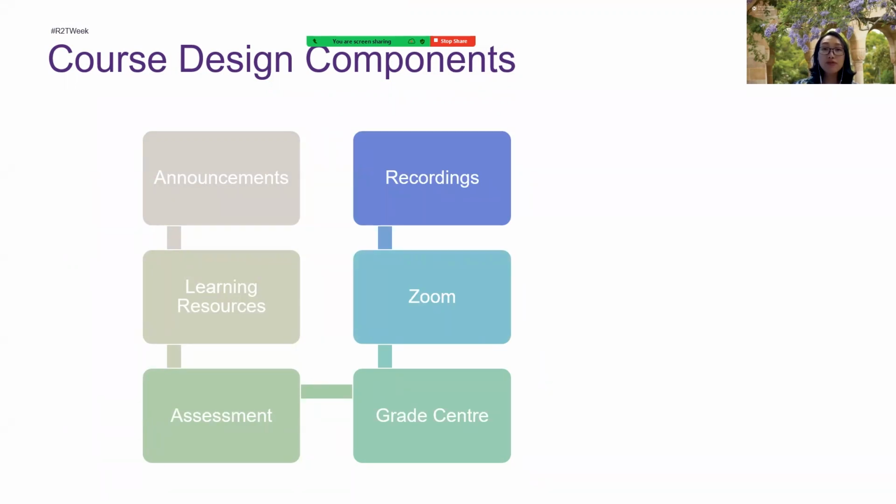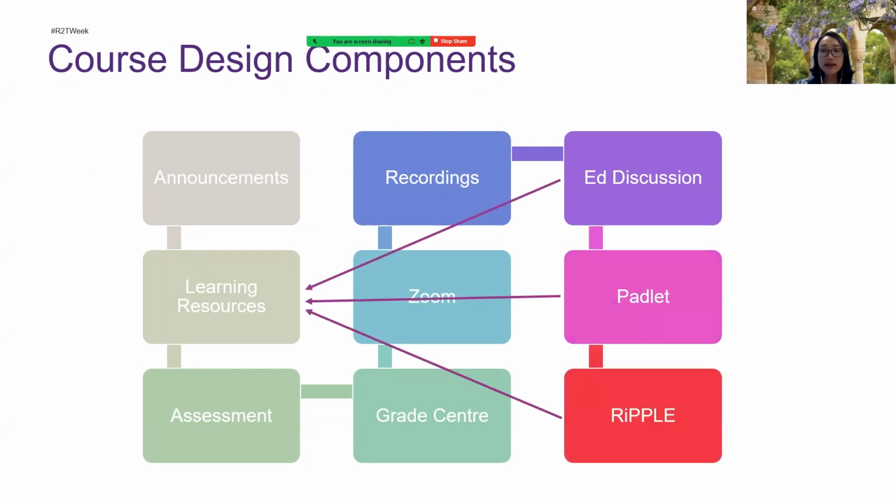We have a few tools that can help with collaborative learning in a course, including a discussion, Padlet, and Ripple. We have a few more tools, but today we focus on these collaborative tools. With these tools, you can create learning activities to add to the learning resources in your course, and you can also use them to create some formative assessment as well.